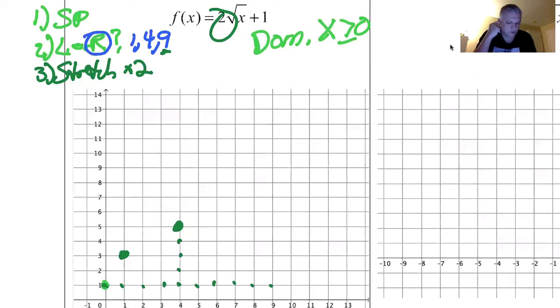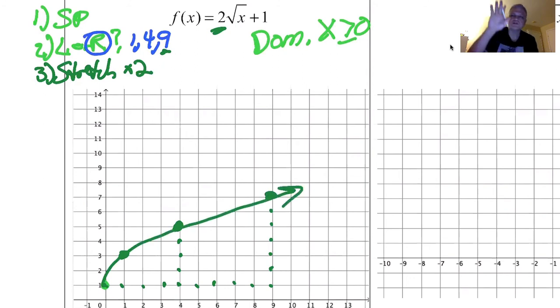After we go right 9 units, we would go up 3 units, but again we double it, so we go up 6 units instead of 3. Notice that this one's a little steeper.